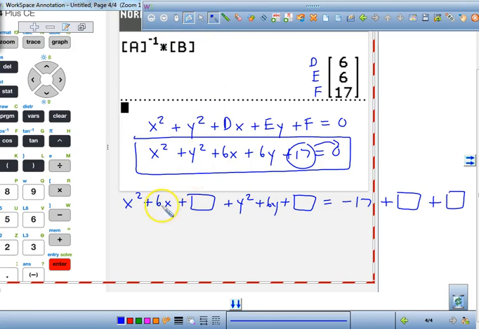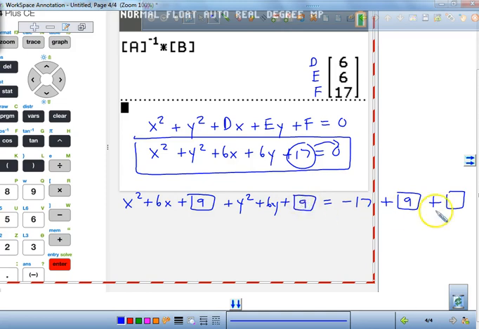Half of 6 is 3. 3 squared is 9. Ironically, this is the same. Half of 6 is 3. 3 squared is 9. That factors to x plus 3 squared. This factors to y plus 3 squared. And -17 plus 18 gives me a 1.